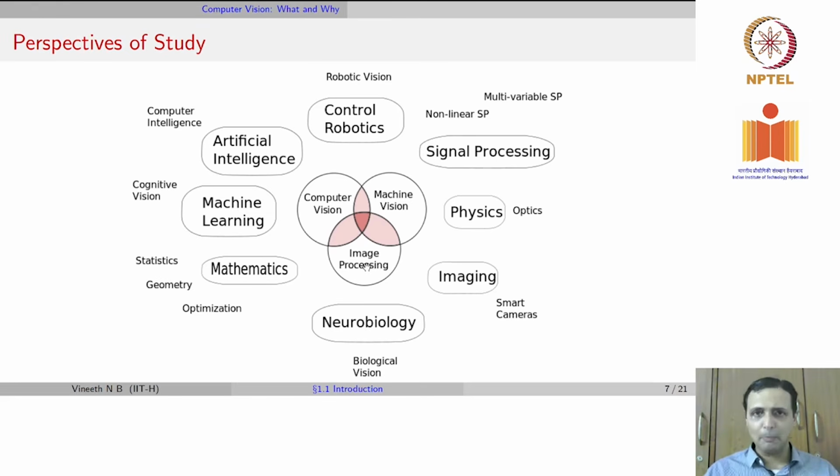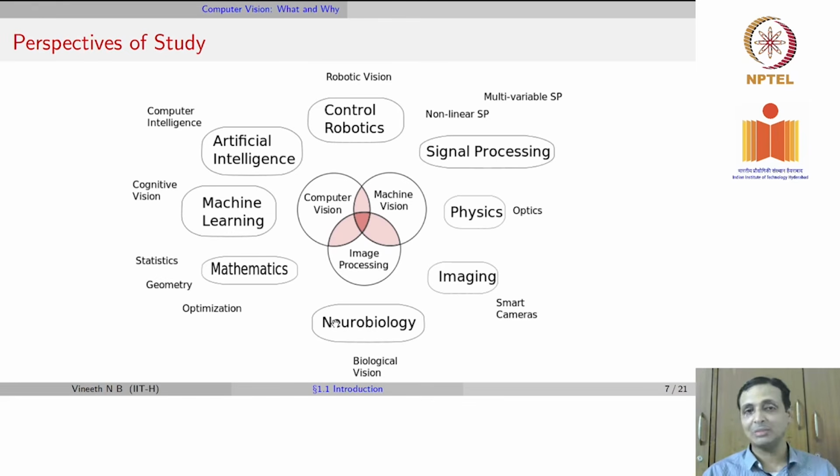So in terms of the various topics that are allied to computer vision, obviously artificial intelligence. Artificial intelligence is the larger realm, and computer vision forms one aspect of artificial intelligence at this time, although computer vision has other facets too. Machine learning, of course. A lot of the way computer vision problems are solved today is through machine learning methods. Mathematics, no surprise.